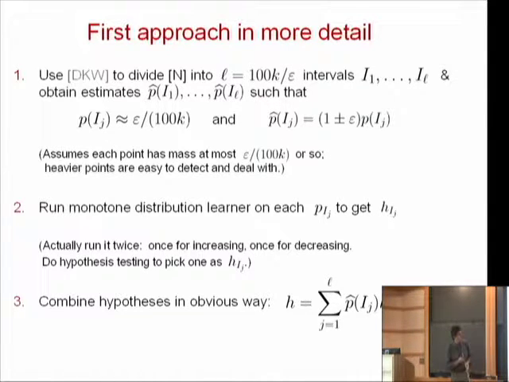So you run the monotone distribution learner on each interval, you pick a good one, the increasing or decreasing guy, and then you just put the hypotheses together in the obvious way. For each interval, you have your hypothesis. You scale it by the appropriate amount of weight. And this is just your combined hypothesis distribution.